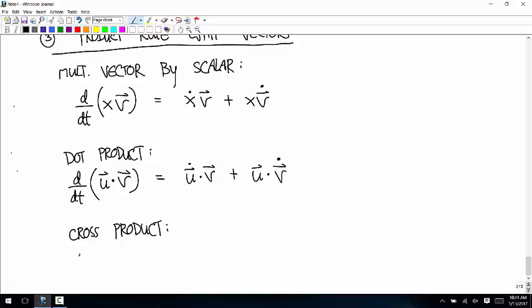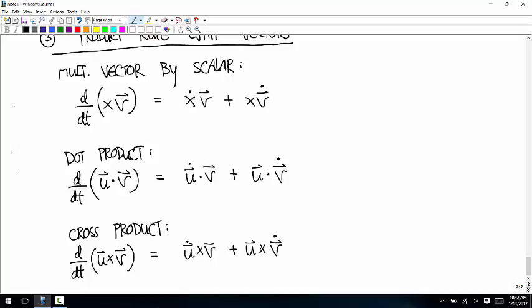The cross product, so let's say we're taking the time derivative of u crossed with v. That's u dot cross v plus u cross v dot.